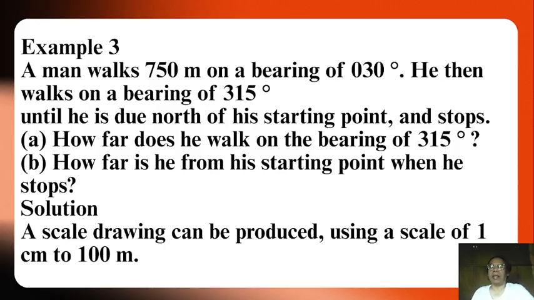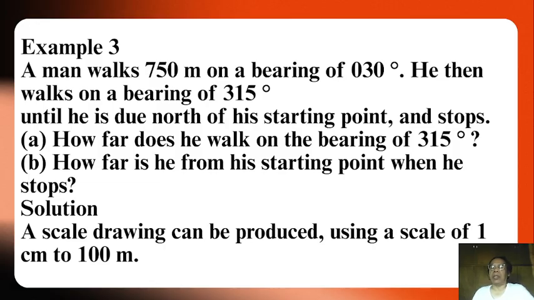He then walks on a bearing of 315 degrees until he is due north of his starting point and then stops. How far does he walk on the bearing of 315 degrees? And then, how far is he from his starting point when he stops?